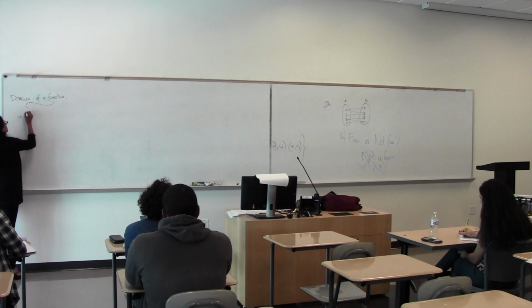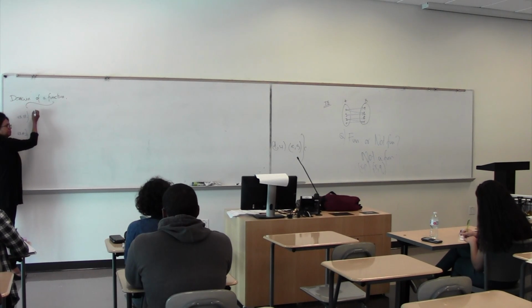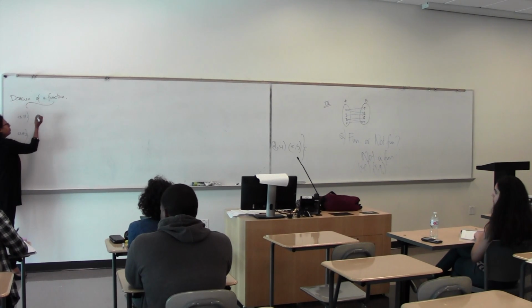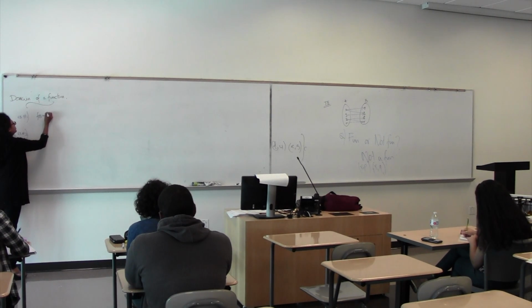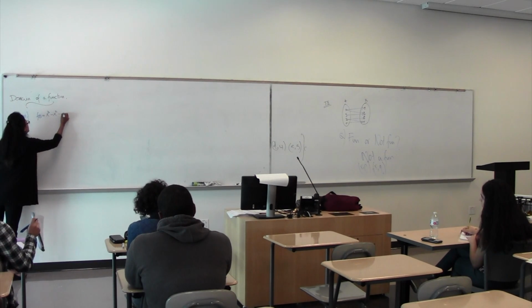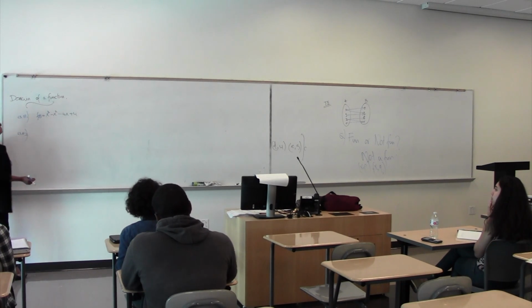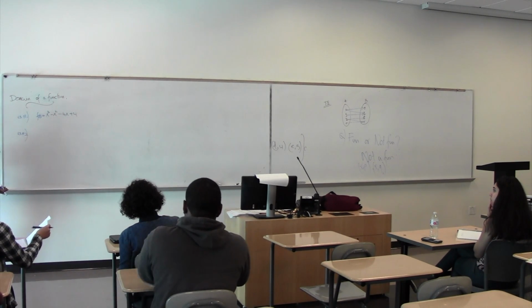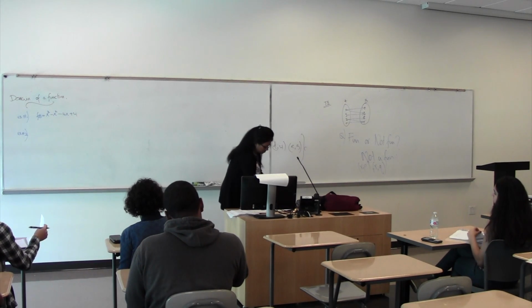Example number 1, example number 2. What was the first one I did? The one from the book: f of x equals x cubed minus x squared minus 4x plus 4. We did this, right? Number 66 from the book.